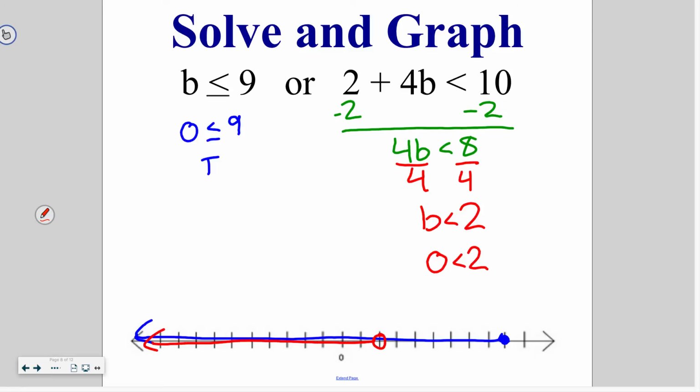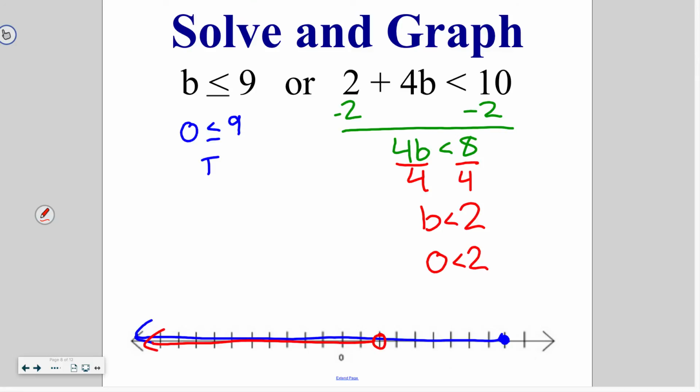Now, there is intersection or overlap here, but that is not the only solutions to the problem. The answers over here, where there is no overlap, would also work as well. So for example, the number 7, because it works for this first inequality, is part of the solution.